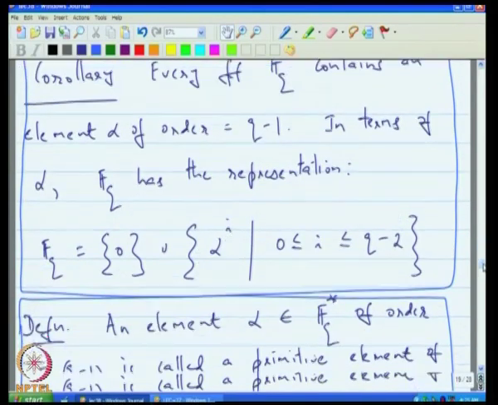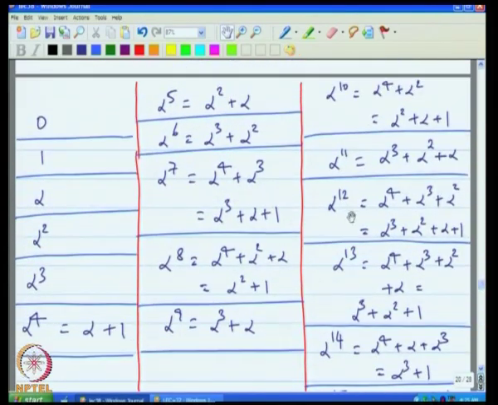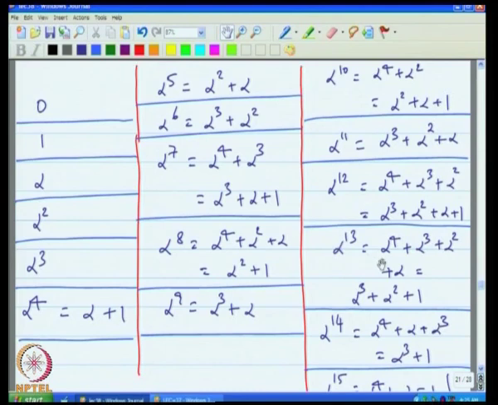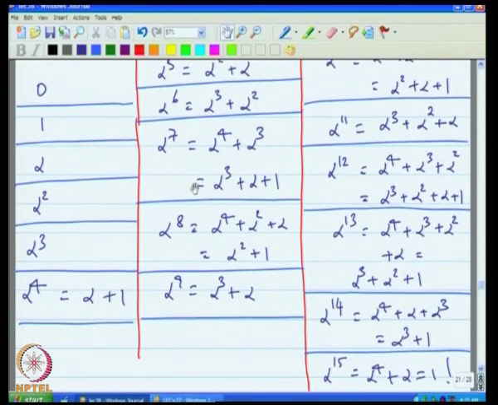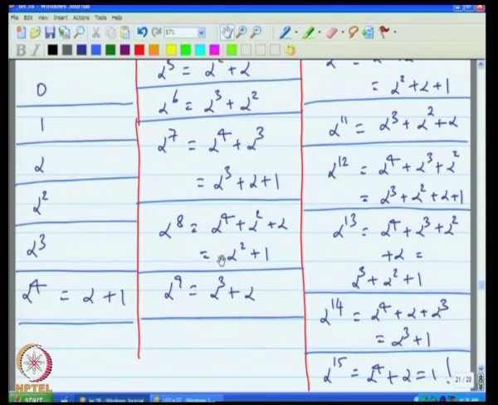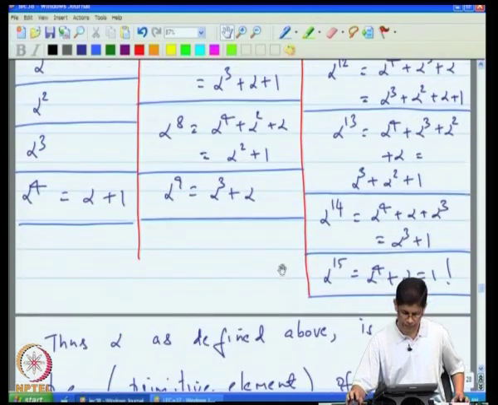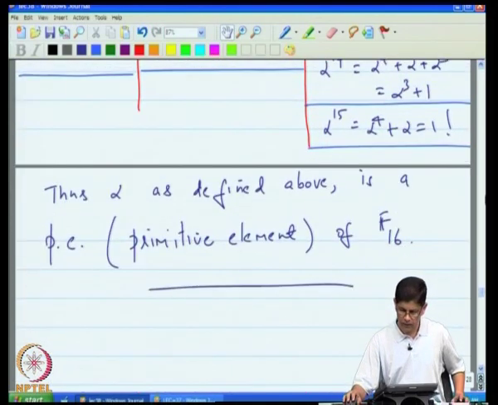The other representation is one in which every element in the finite field is a polynomial in alpha of degree less than or equal to 3. You can notice that everything eventually reduces to a polynomial of degree less than or equal to 3 with binary coefficients, and you know that the number of such polynomials is 2 to the 3 plus 1, which is 16. Okay. All right.